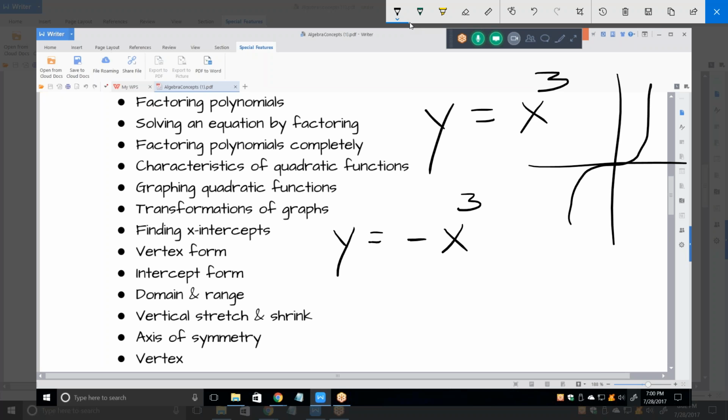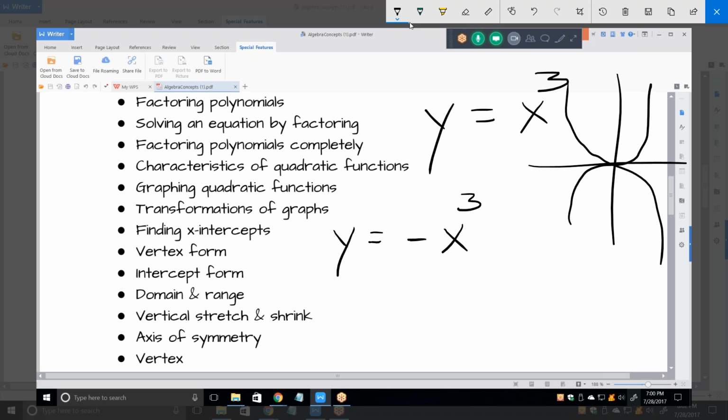What would that look like? First of all, what is that transformation? Well, it's a vertical reflection. If I take this curve that I have and vertically reflect it, it looks like that. See why?